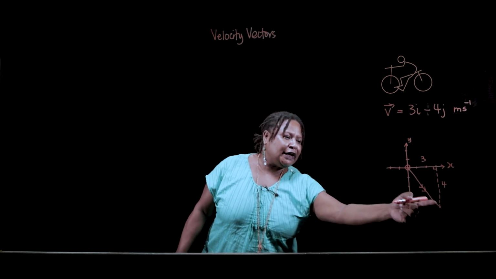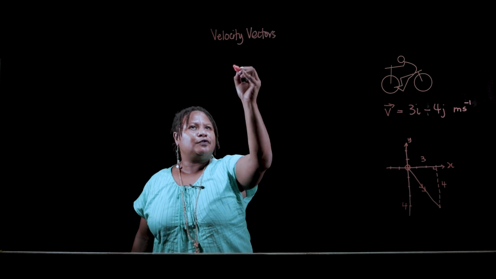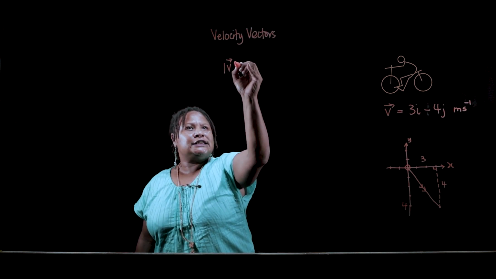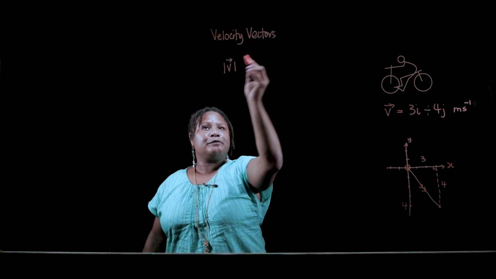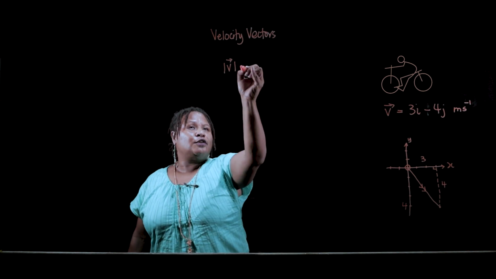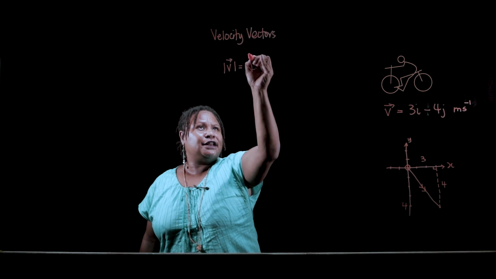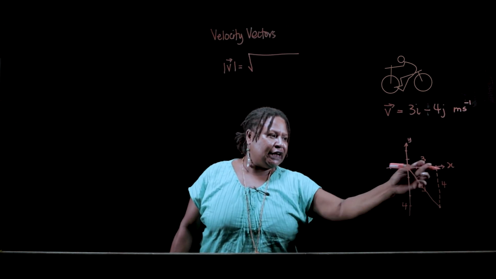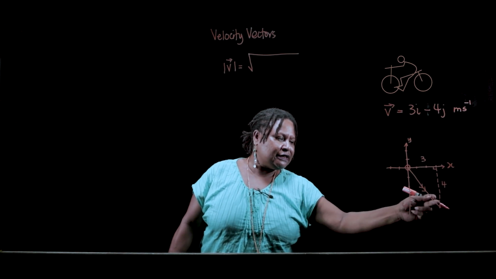So in order to find the length, remember we've done this before, the magnitude of, let's say it's vector v, is found by taking the square root of the two sides already given here, this side and this side.